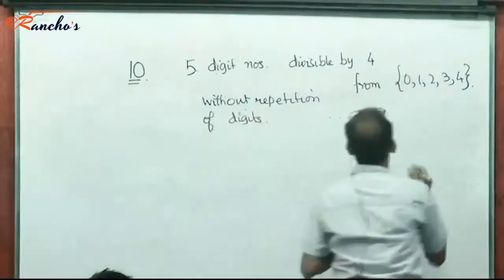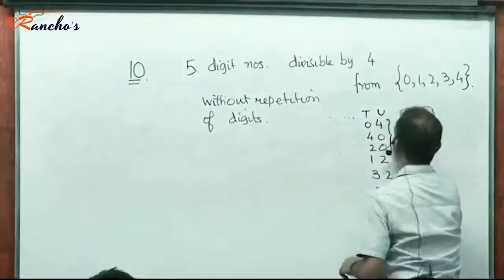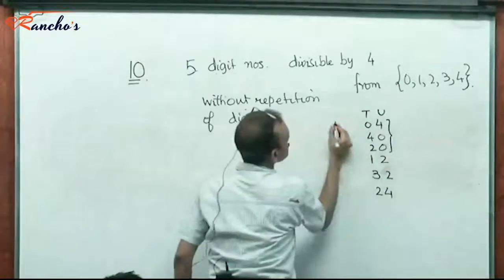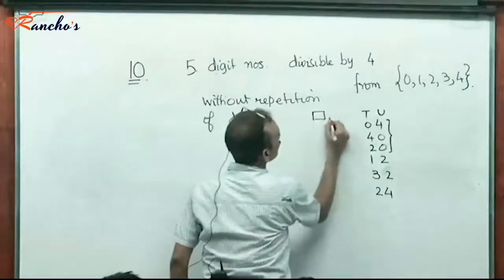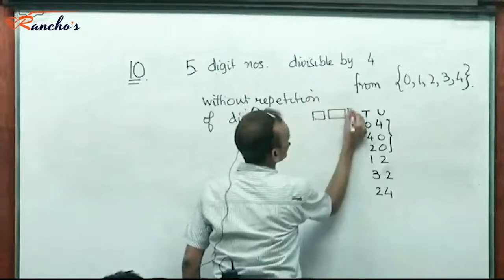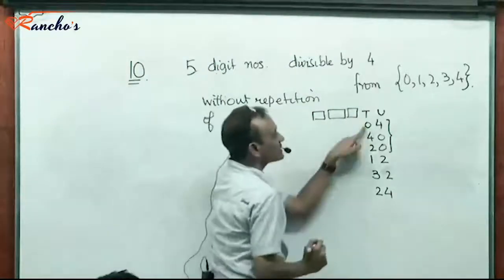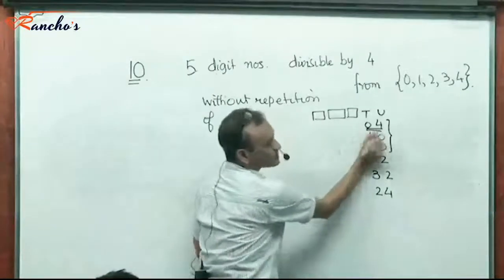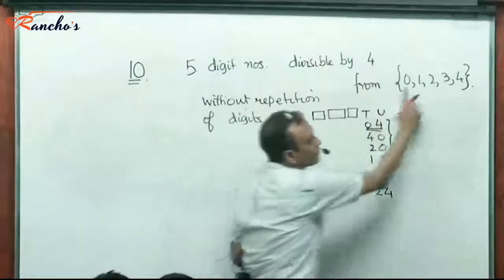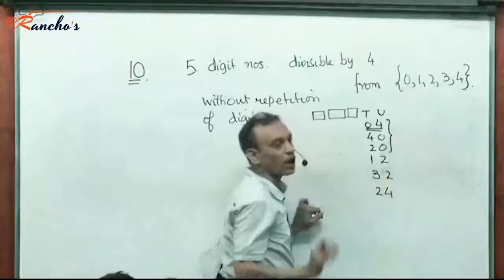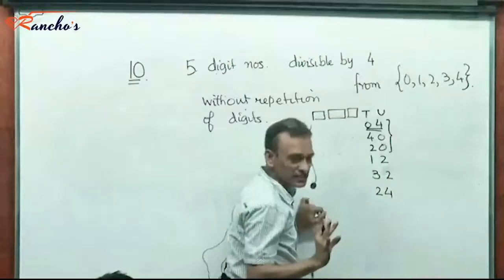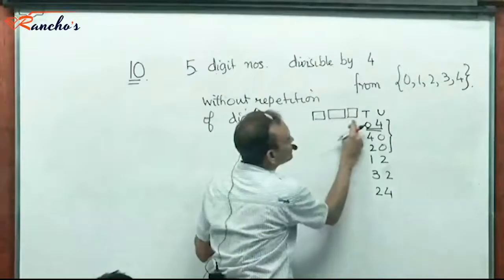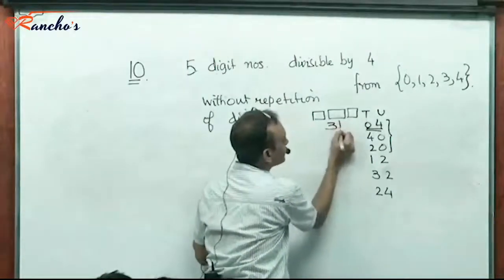Now, look at these 3 cases first, right? Now, in each of these cases, I've consumed 2 digits. How many am I left with? 3 digits. So the remaining 3 digits have to be permuted in these 3 spaces, and it can be done in 3 factorial ways.